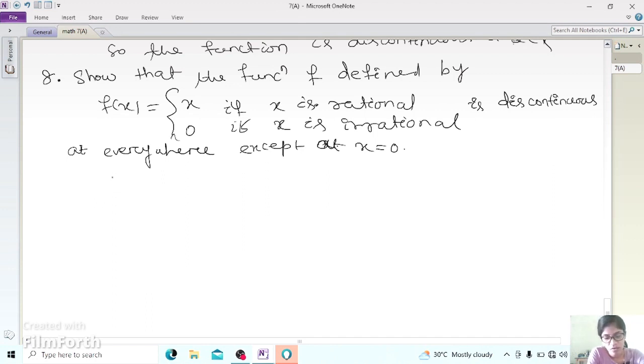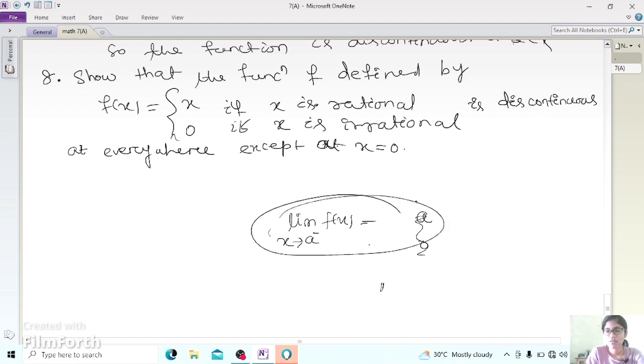We cannot conclude the limit value, since it would be x or 0: at a point a, if a is rational the value is x, if a is irrational it is 0. Here, for the left hand limit, it may be rational or irrational, that means either a or 0. So we may not conclude. That's why. Similarly, we will proceed.